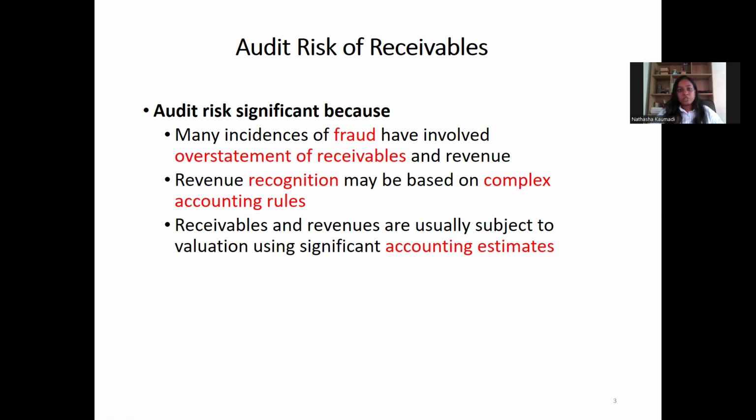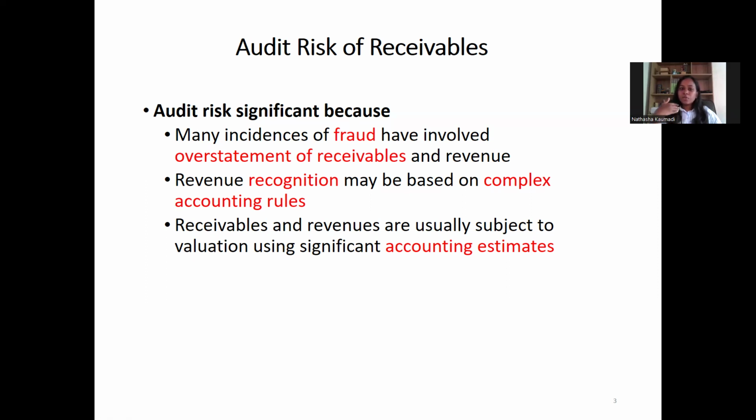Those sales have not actually happened, but they will record them for different reasons, maybe because of a bonus or something like that. When they are manipulating the sales figure, the revenue figure, and increasing it, what will happen to the trade receivable balance? Since obviously you are not receiving cash, you can't debit cash, usually you will debit trade receivables.